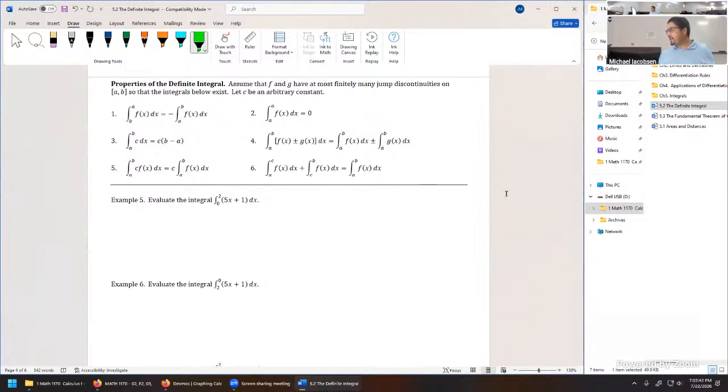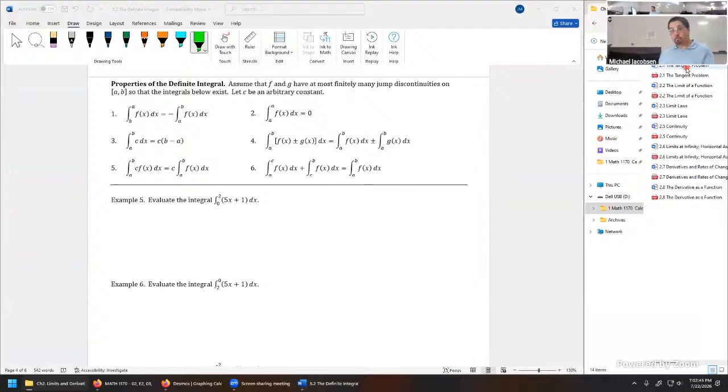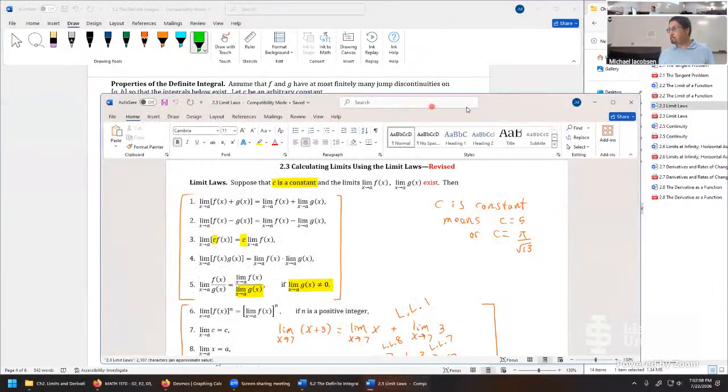And even though this looks like a long list of properties, there's a nice thing about this. Integration is defined in terms of a limit. We were just converting from an integral sign into a limit and vice versa. But because it's a limit, all of the limit laws absolutely do apply.